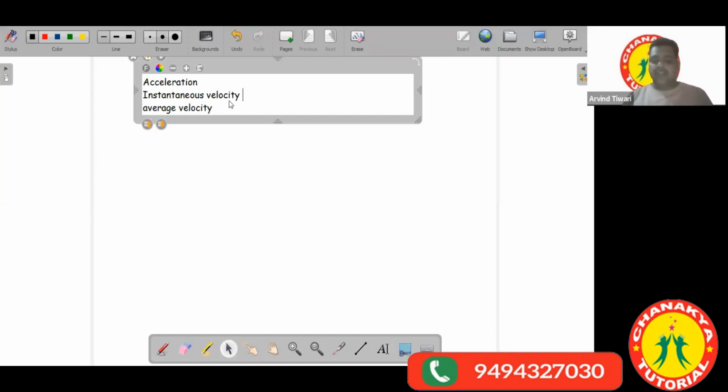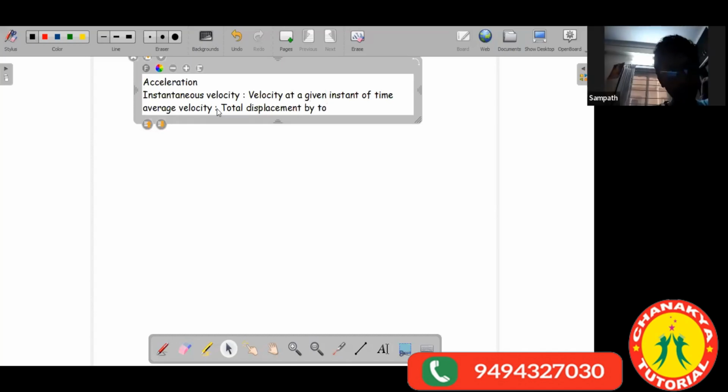So for calculating the velocity at a given instant of time. So average velocity, it's total displacement over total time.